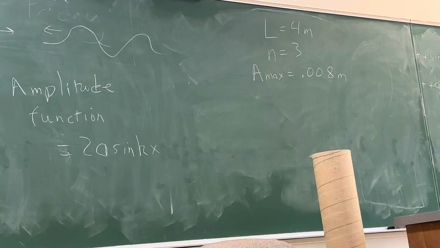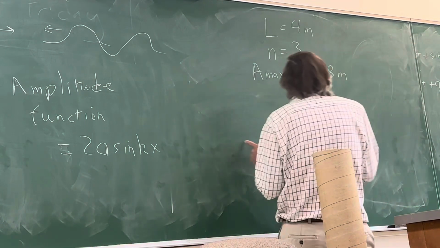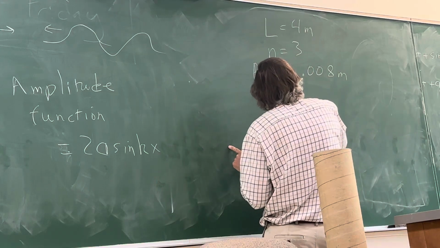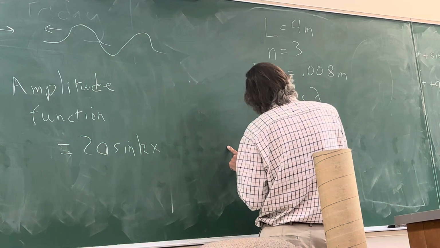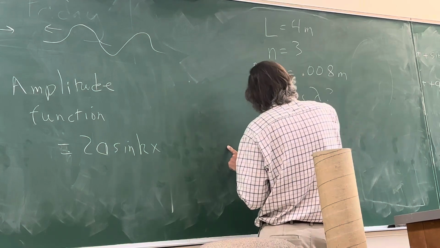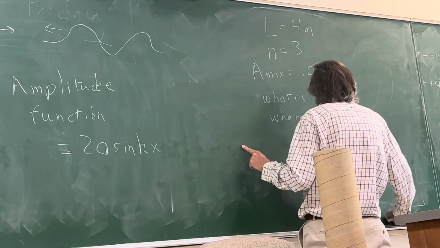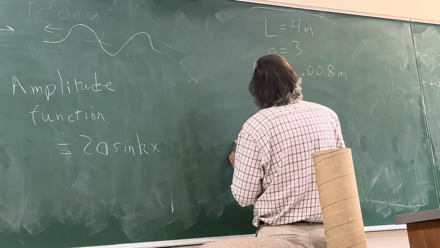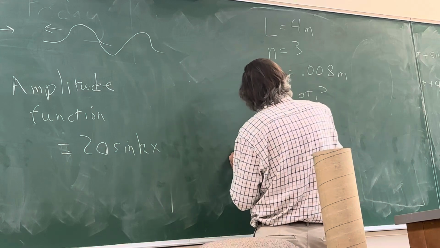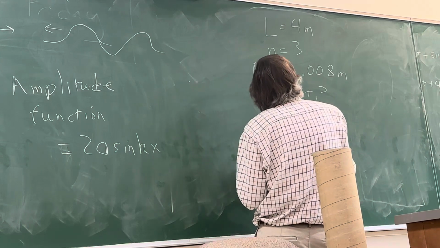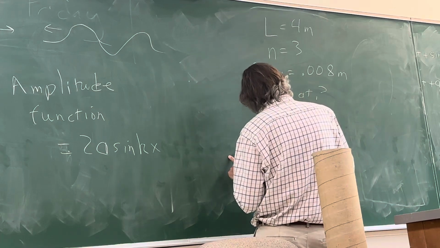What do I want to ask about that? Yeah. What's the wavelength going to be? I don't know that I'm asking these in the right order. Where are the nodes? Might be easier to do this looking at where are the nodes first. And let's say the amplitude, which is not going to be at a maximum.